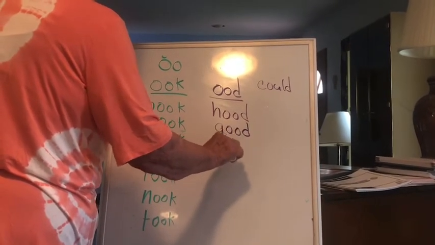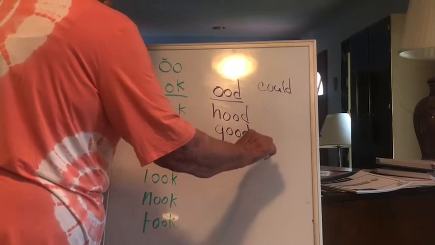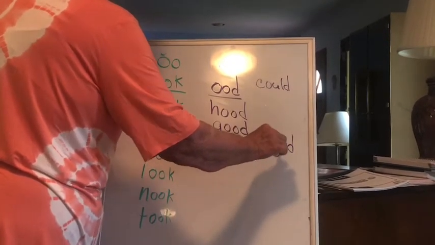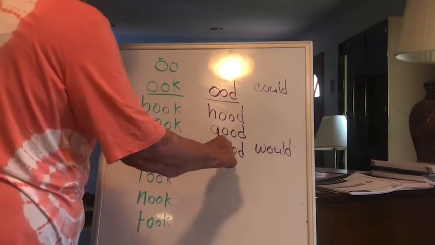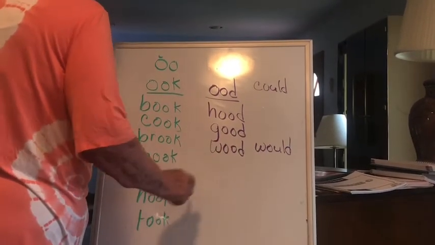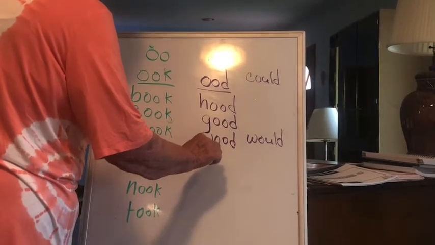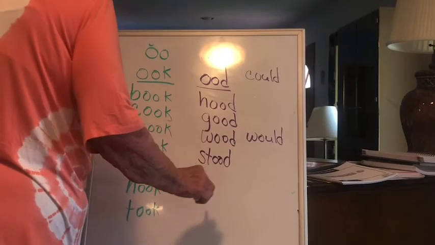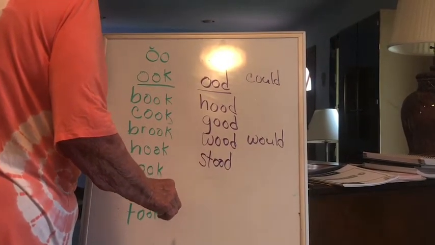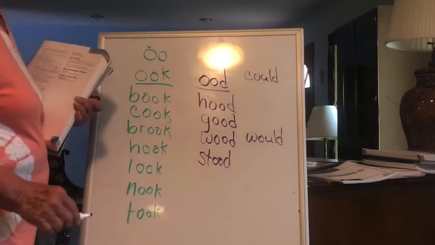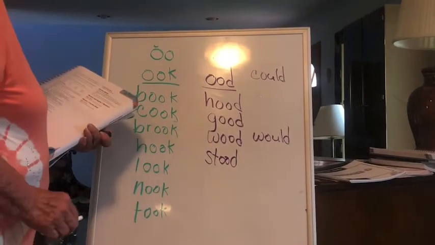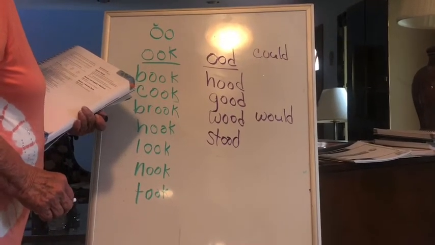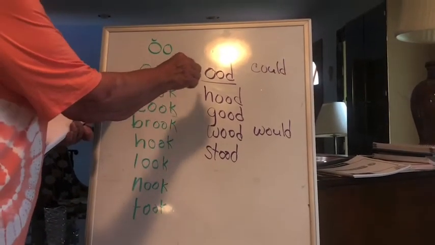What about would? Now, would could be also spelled this way. That's a word. I would like you to go. This is wood. We get wood from trees. Stood. Anything else? Think of anything else, Miss Pam? Okay, well, this gives you an idea. So we have the ook and the ud family.